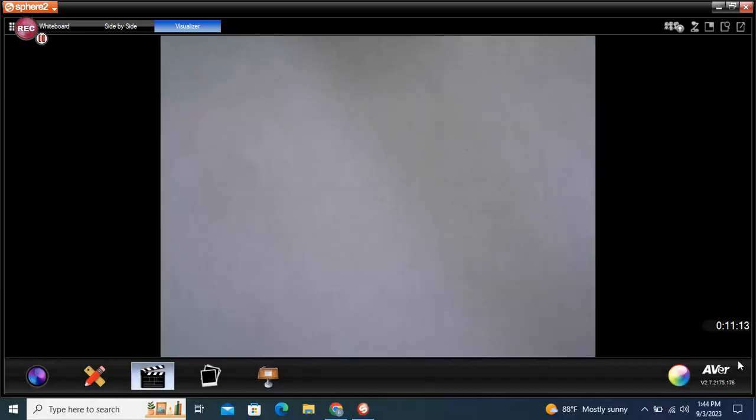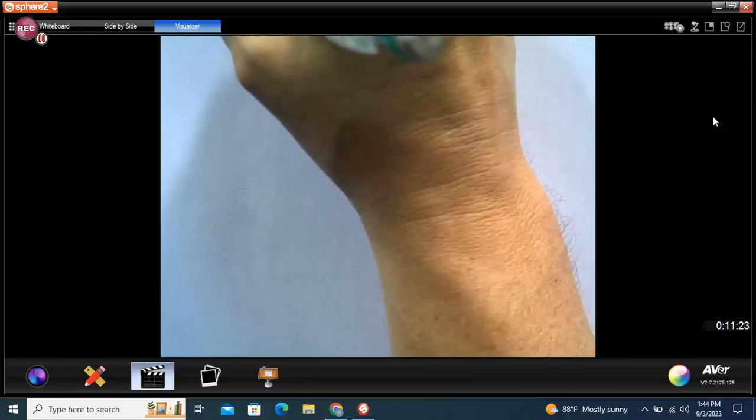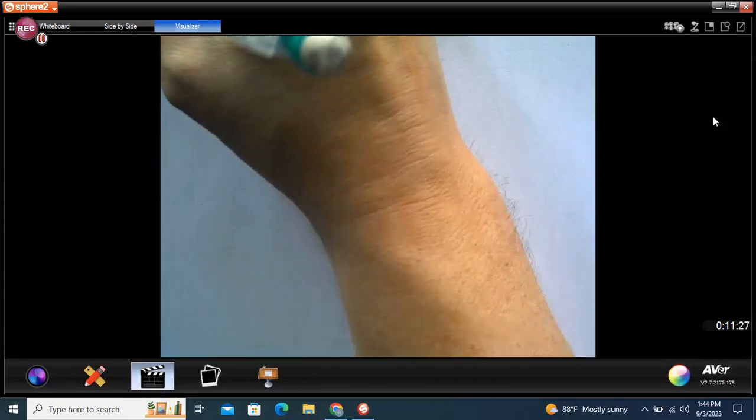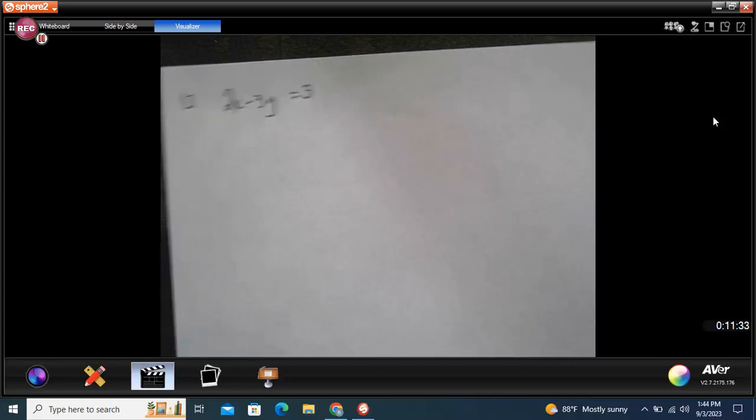13. Find the slope and intercepts of the line with equation 2x minus 3y equals 3. This is number 13. So I'm going to put that in slope-intercept form to find the slope.